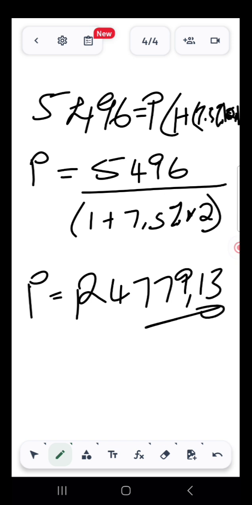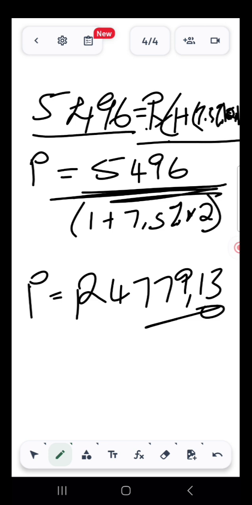It was not your normal question. They were not looking for a final amount. They already gave you the final amount, so you need to manipulate the equation. We divide by the bracket because P is multiplied by the bracket. So to reverse multiplication, we divide on both sides. Whatever approach you were taught in class, it works.